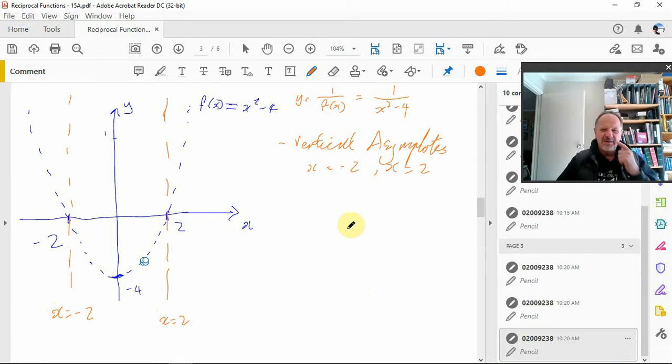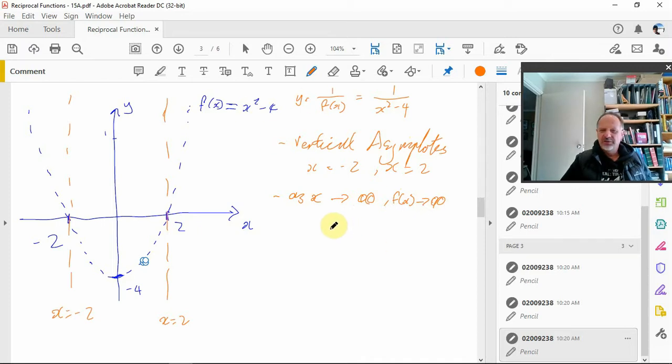All right, let's look at what happens as x is getting bigger up here. As x goes towards infinity, then f(x), which is infinity squared, take 4, goes towards infinity, and it's positive.